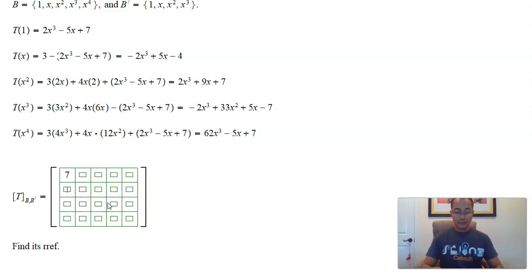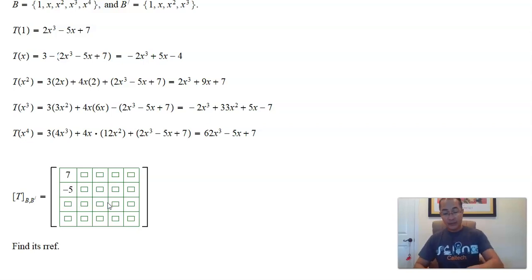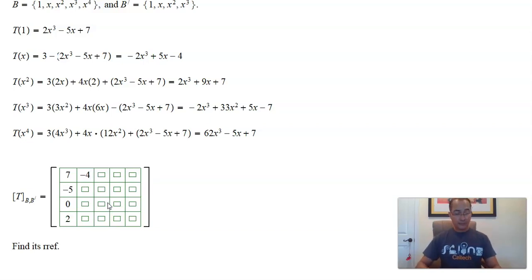So 7 minus 5. There is no x squared. 2x cubed. Okay, next. -4. Positive 5. There is again no x squared. Minus 2x. For x squared, we have 7 and 9x. No x squared and 2x cubed.